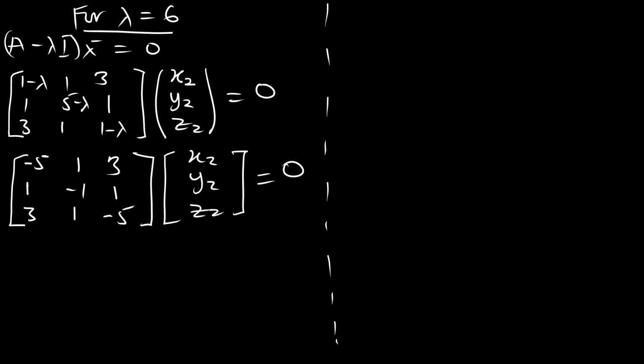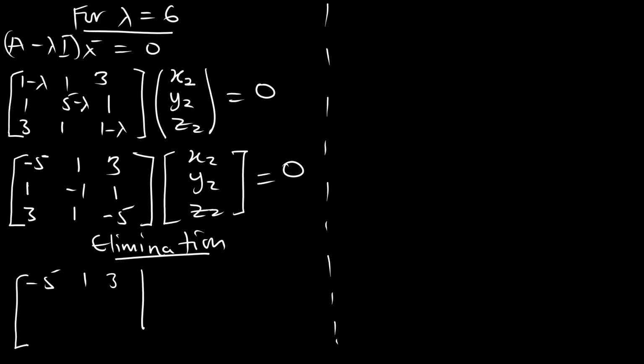Let's try to use the elimination method again here. So here I'm going to combine the matrix: negative 5, 1, 3, and that is equal to 0. We also have 1, negative 1, 1, that is equal to 0. The third row, 3, 1, negative 5, and that is also equal to 0.